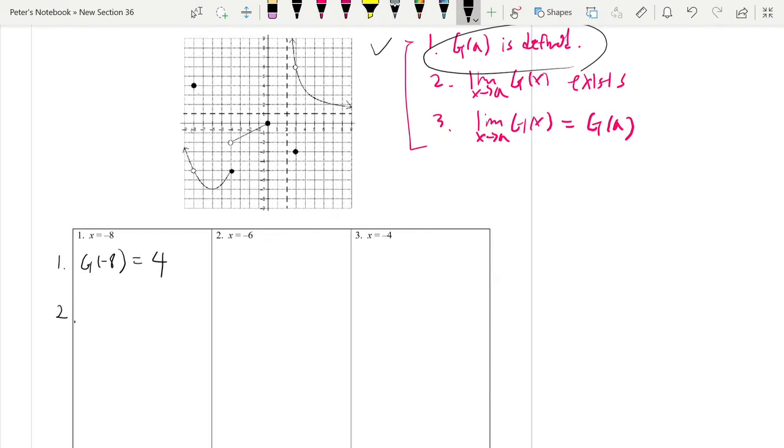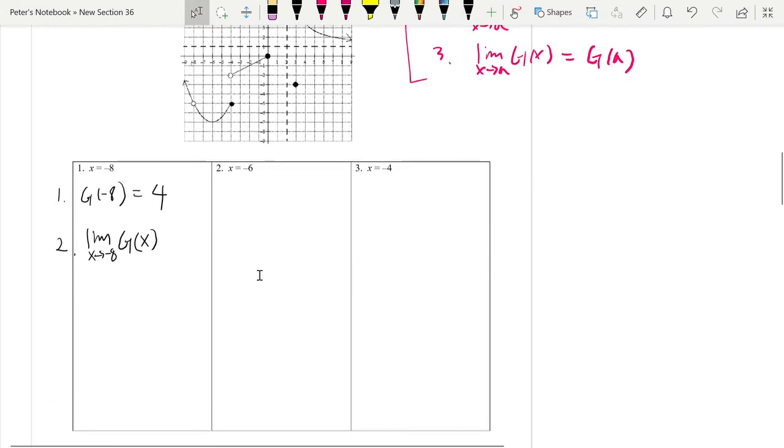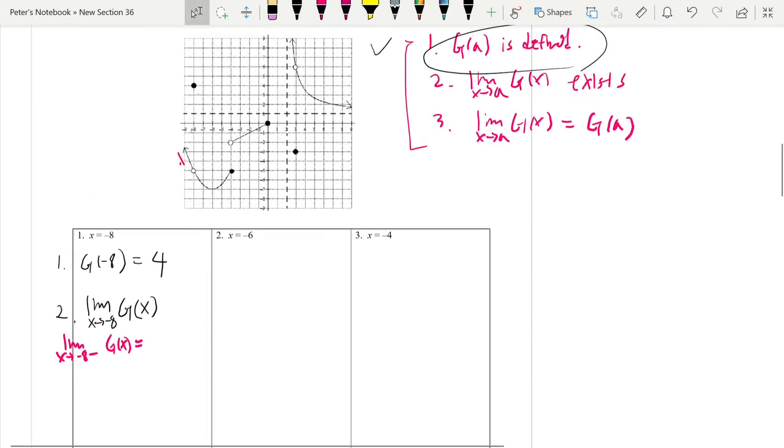And then the second part, let's find the limit. The limit of g of x as x approaches -8. This means you need to find the left-hand side limit and right-hand side limit. The limit of g of x as x approaches -8 from the left-hand side approaches that point, which gives you -5.